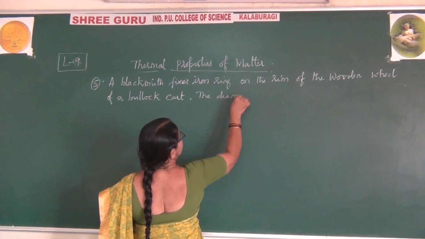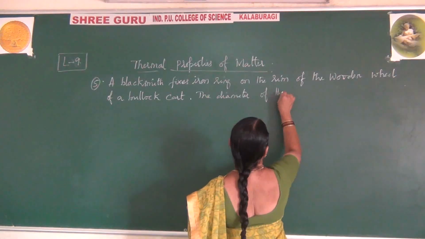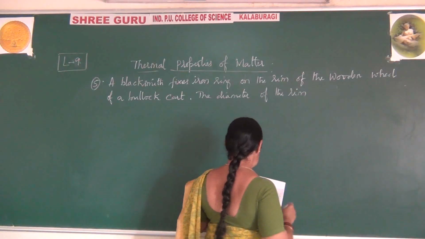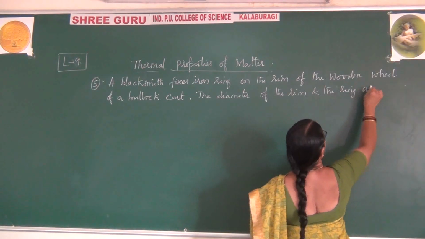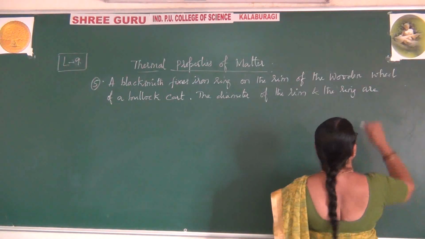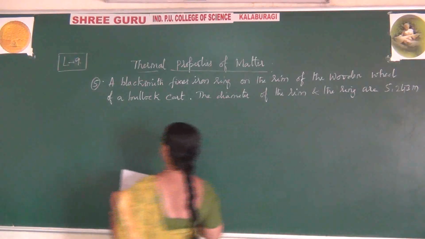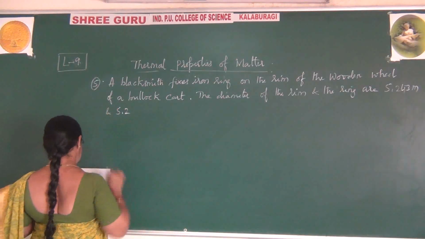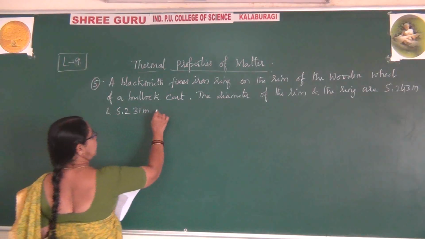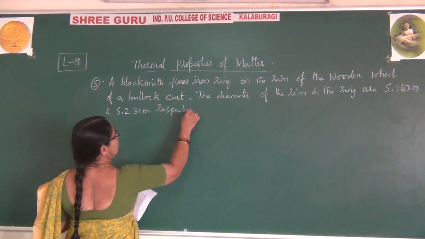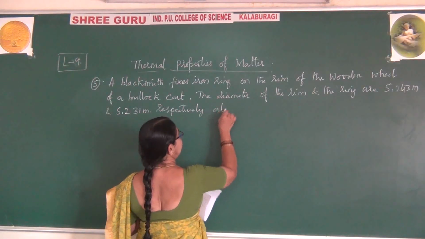Diameter of the ring, and the ring are 5.243 meter and 5.231 meter respectively at 27 degrees centigrade.